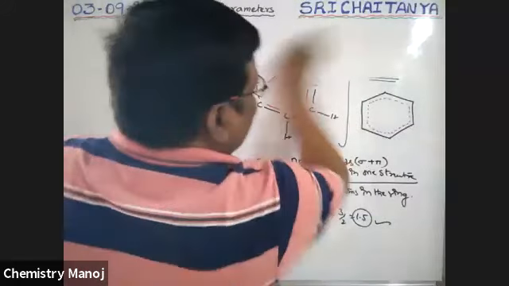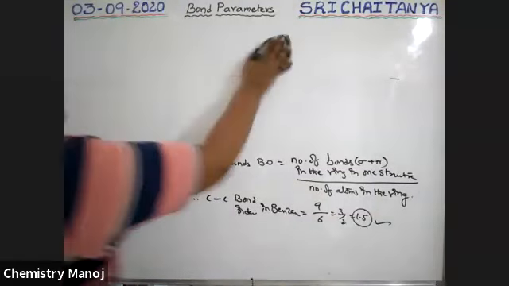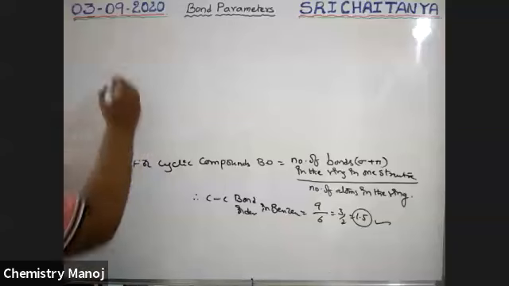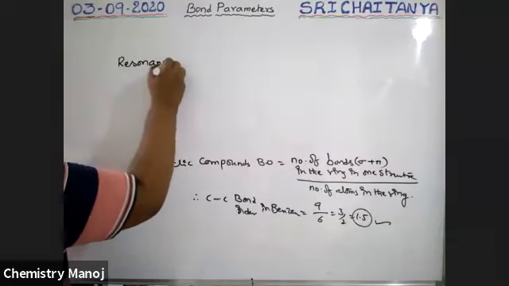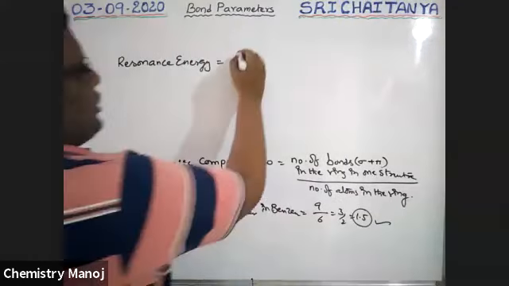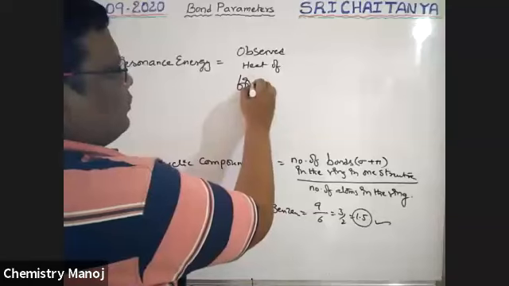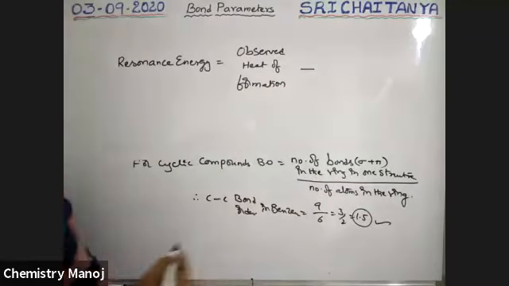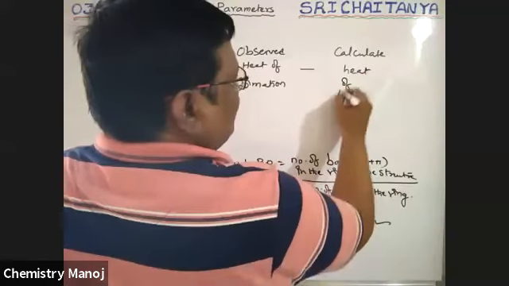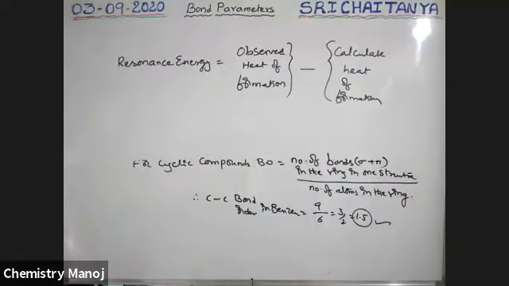Resonance energy is equal to observed heat of formation minus calculated heat of formation for a molecule.